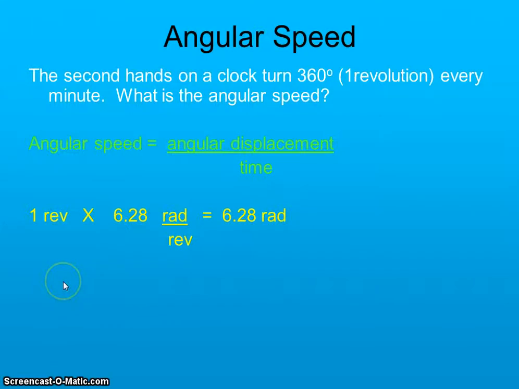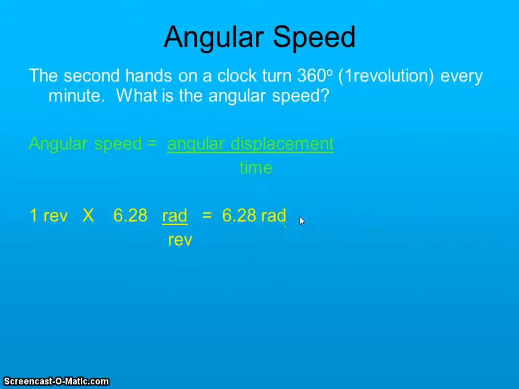You know it's one revolution. So we know the conversion is 6.28 radians equals one revolution, and we can use that as our ratio. So it's 6.28 radians divided by a revolution. Revolutions cancel out. 1 times 6.28 gives you 6.28, and the radian remains.